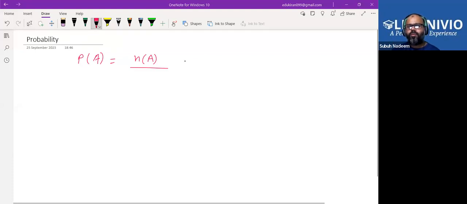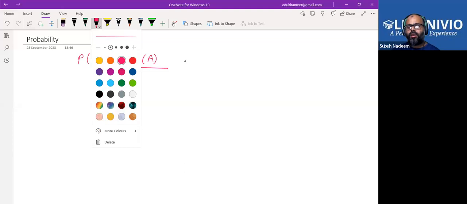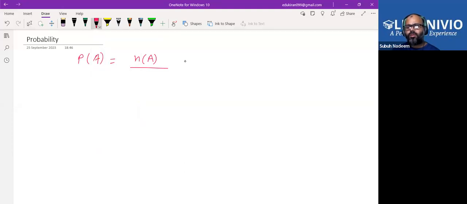So probability of an event A is number of elements in the set A by number of elements in the sample space. This is what we do.